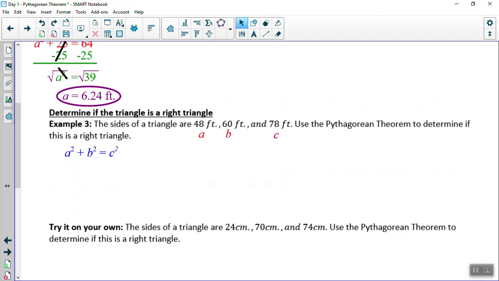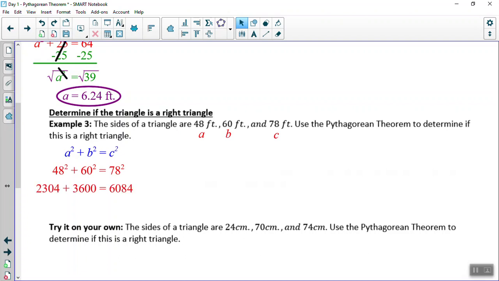All right, so now I'm going to take all three values and substitute them into my formula. And what we're looking for is to see, is the value of 48 squared plus 60 squared actually equal to the value of 78 squared? So let's go through and evaluate each of these first.